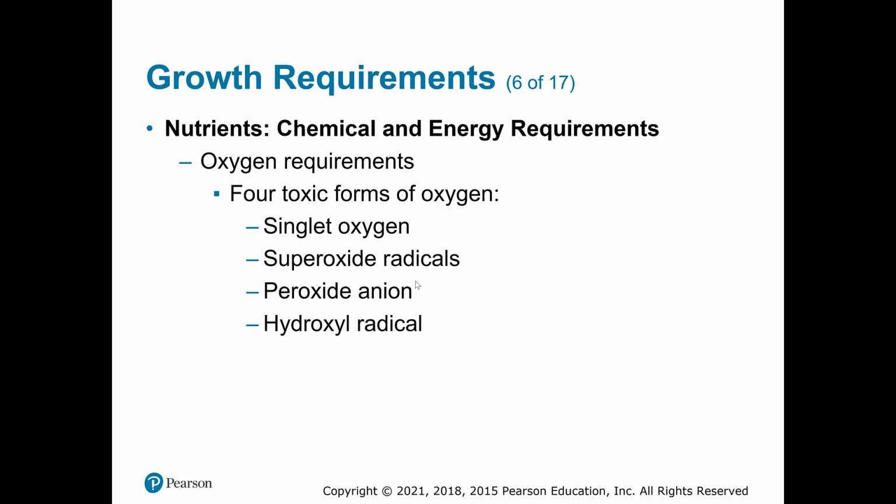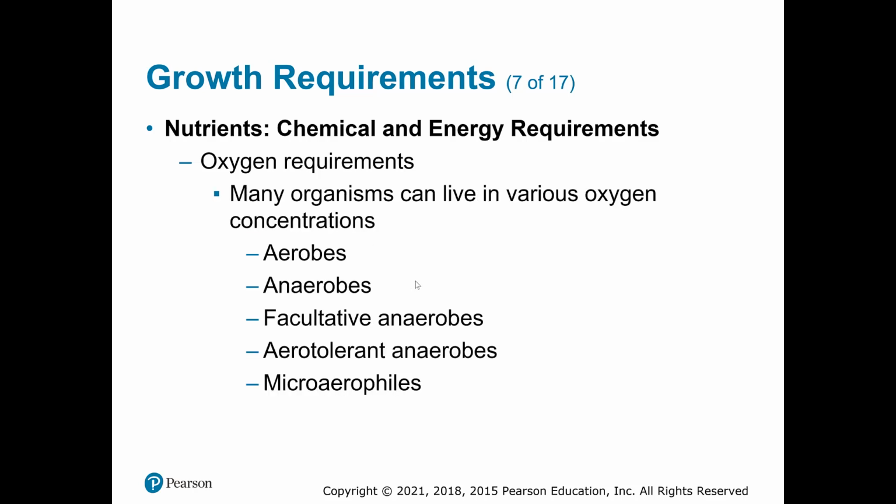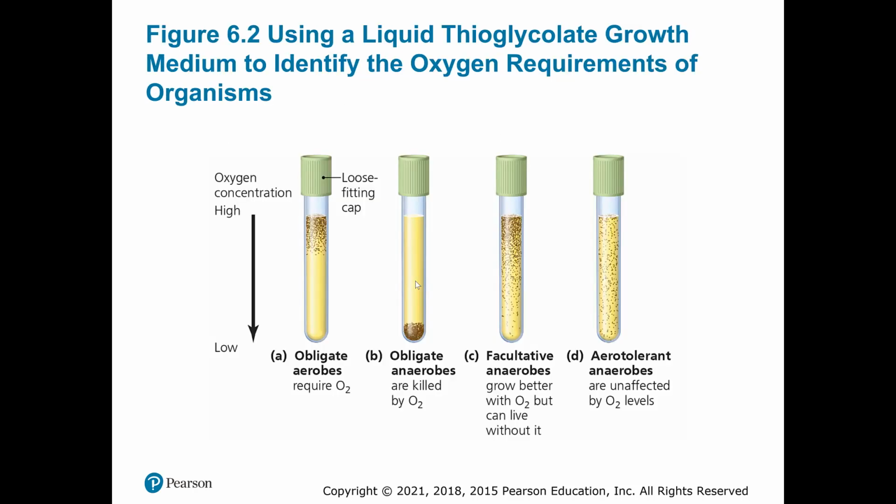There are some groups of bacterial cells that can fall somewhere in between those two extremes. I'm going to show you this image because I think it best illustrates the difference among them. These are bacteria that are being grown in a special type of medium called thioglycolate.